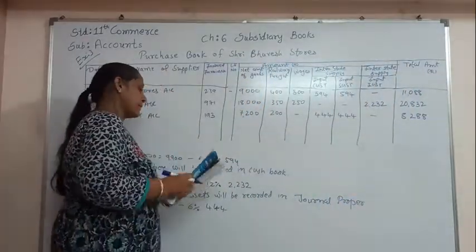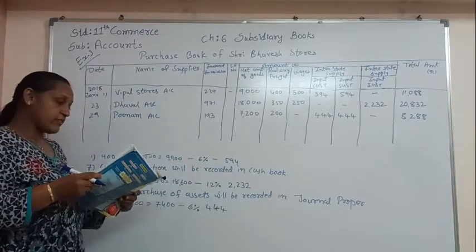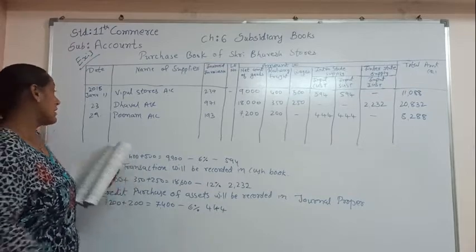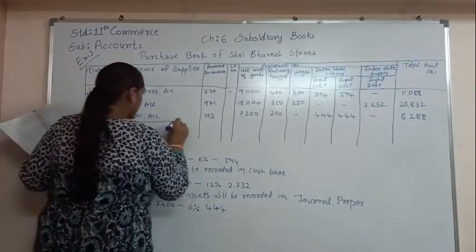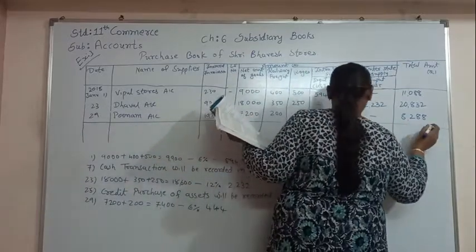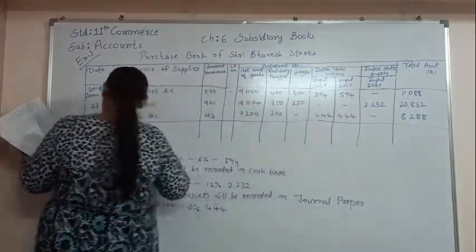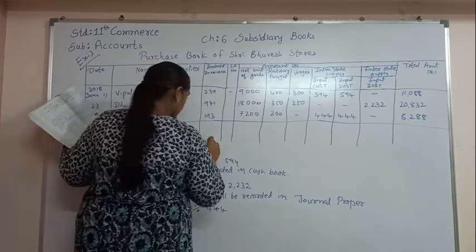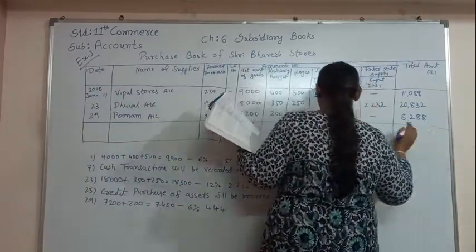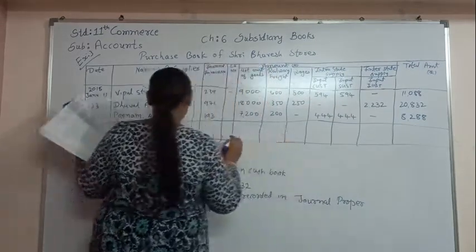Now here we are finished with the sum. Now we have to make the total of it. So let's make the total.